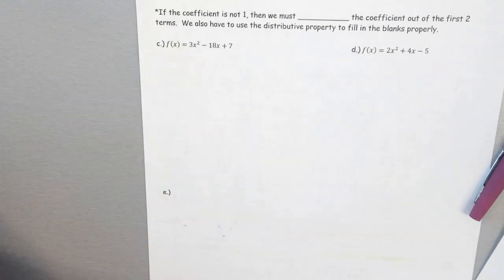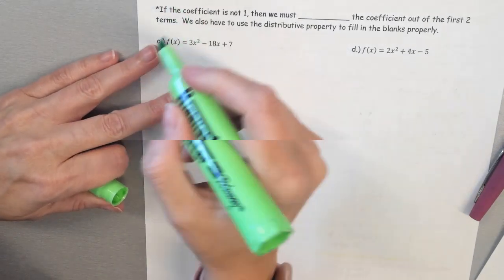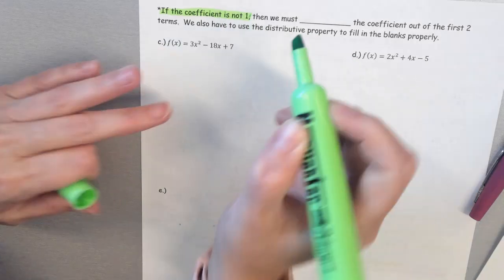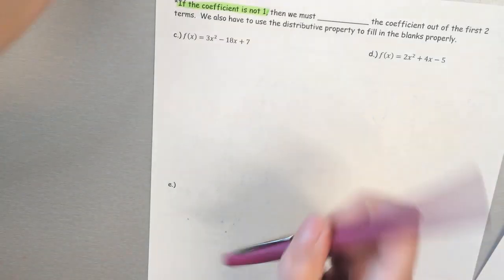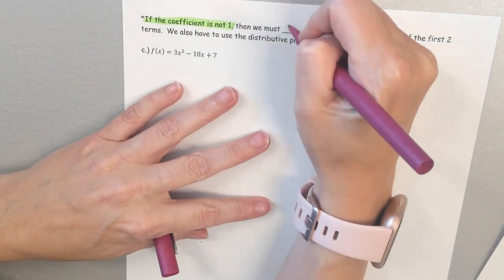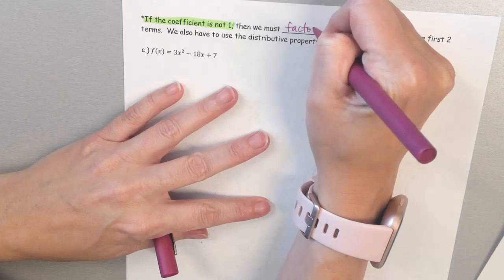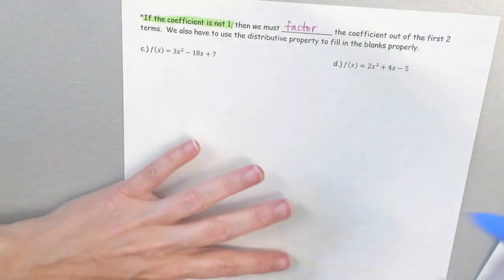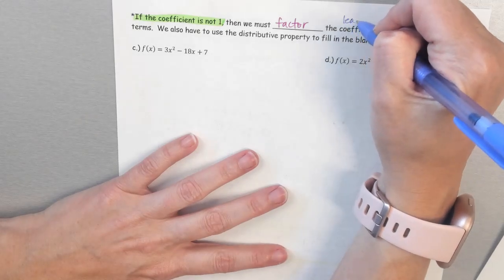Okay, so we're gonna do some similar things on the back, but we're gonna extend it a little bit. If the coefficient a is not 1, then we must factor. It has to be the leading coefficient because that's your A value.